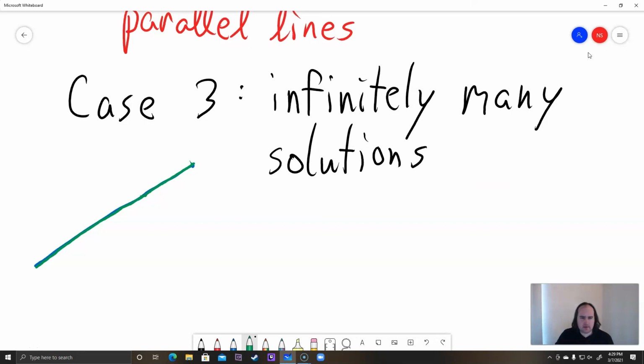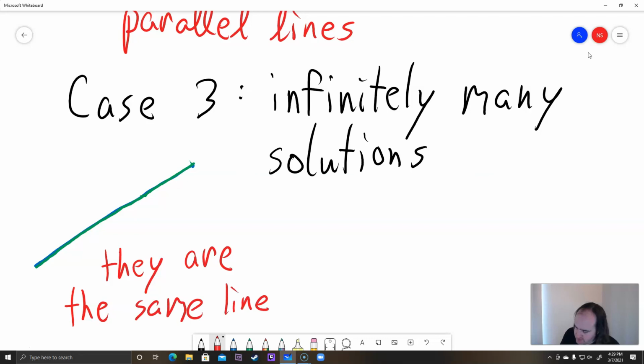Okay, that's probably about as good as I'll do. Okay, so infinitely many solutions. If you get an equation that's always true, like 0 equals 0 or 1 equals 1, that means the lines are right on top of each other. So that basically just means they are the same line.